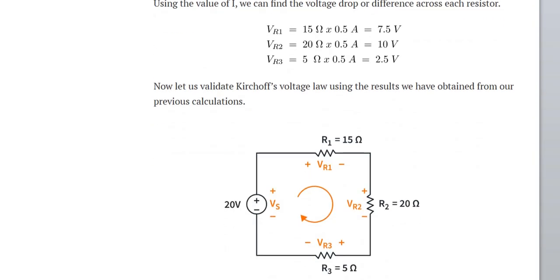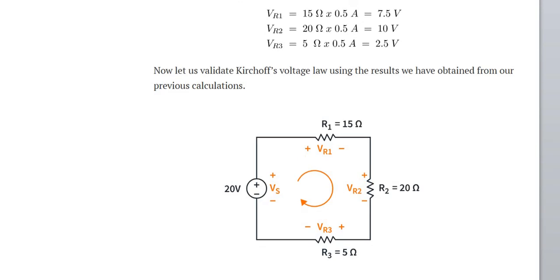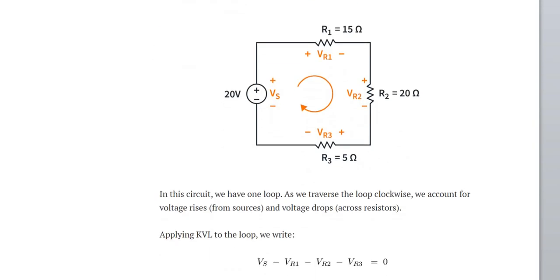Let us validate Kirchhoff's voltage law using the results we have obtained from our previous calculations. In this circuit, we have only one loop. As we traverse the loop clockwise, we account for voltage rises from sources and voltage drops across resistors. For the voltage source, the voltage has been moved from positive to negative.